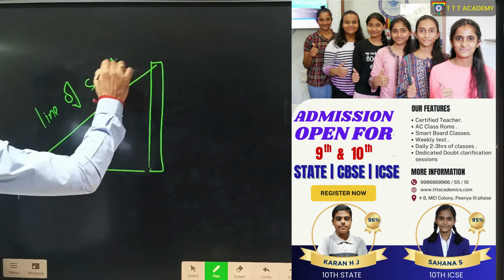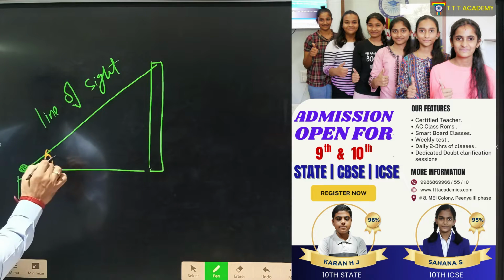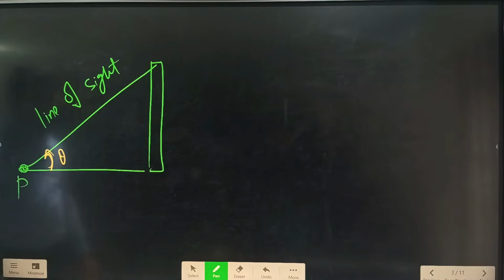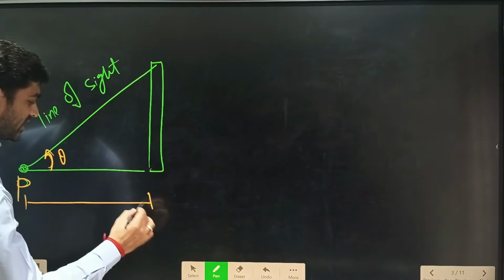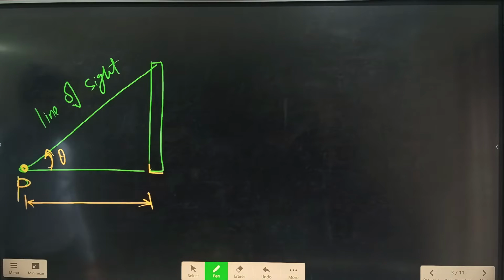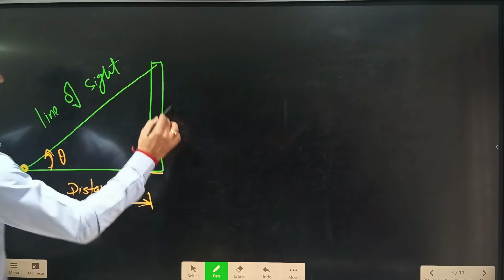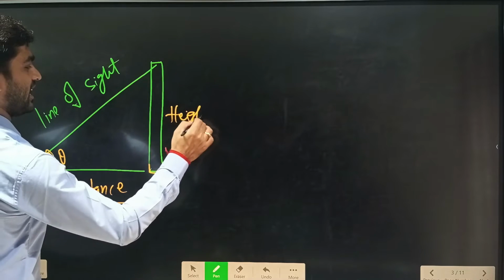Here, if you consider the angle, let me call it theta, this is the angle theta from this specific point P. And there is a distance from the point to the base of the tower, or building base, or pole base, that is the distance, and this is the height of the building, height of the tower, height of the pole.